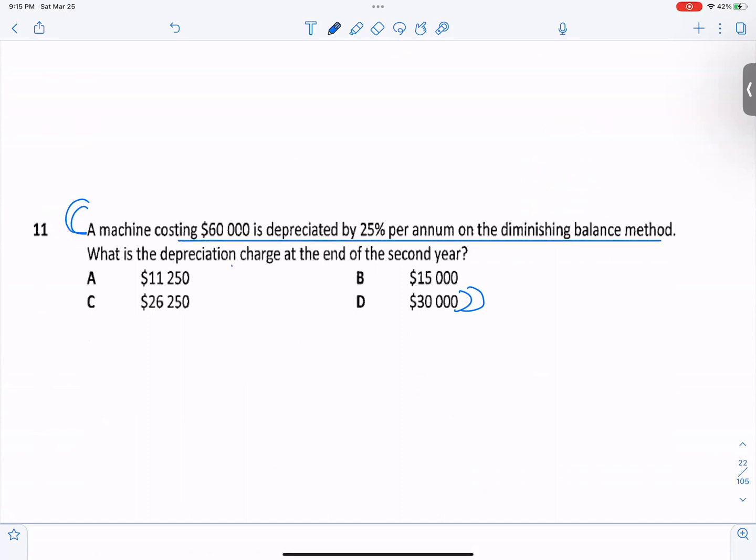What is the depreciation charge at the end of year 2? So 60,000 into 25%, year 1. What is the depreciation charge for year 1? The answer is A, 15,000. 60,000 is the cost. 45,000.